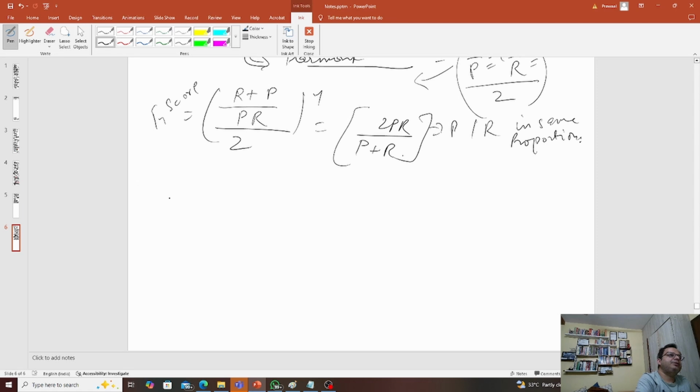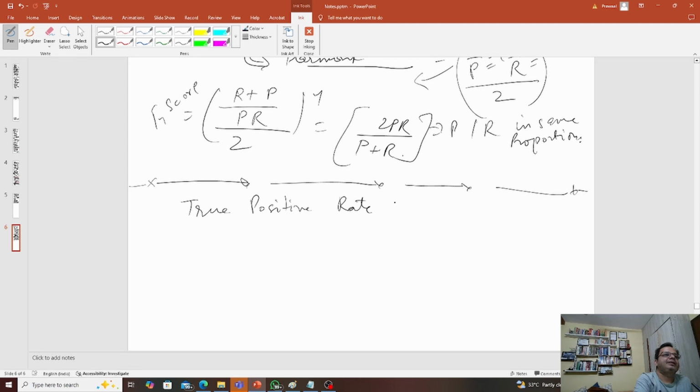There are a few more terms which I would want to tell you without making you confused. These are some of your rates, and all these rates are also associated with this confusion matrix. Let's start with the simple true positive rate, TPR.